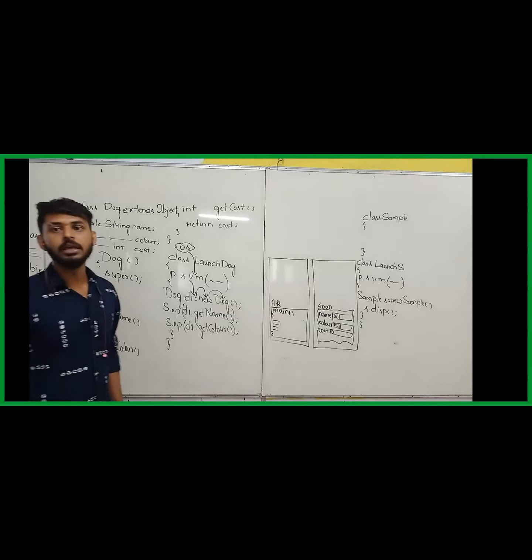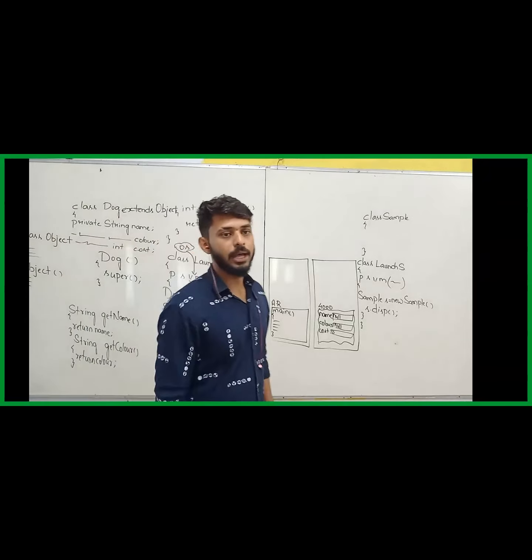Yes or no? This is developed by James Gosling and their team in the very beginning. Getting my point? Yes or no? So here what I'm trying to say, by default your program will have two changes that will be done by your compiler. Which are those two changes? The very first one is, whether you write it or you don't write it, one default constructor will be included in your program.